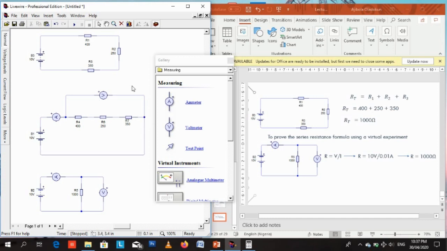At the same time, the ammeter measures the current through the 3 resistors in series. We see here that the current through them is 10 milliamps and the voltage across them is 10 volts.